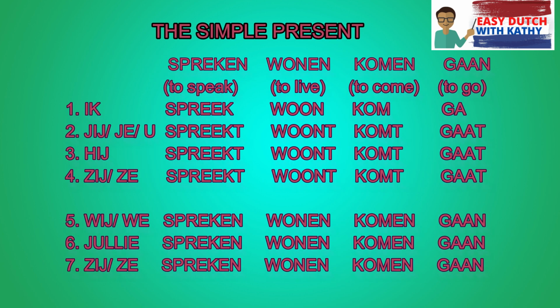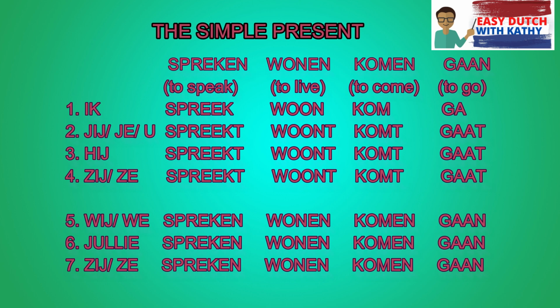These are some examples of some commonly used verbs in Dutch. On the left side, you can see the subject. Let's move on. The first verb, spreken, to speak. Ik spreek. Jij, hij, zij spreekt. Wij, jullie, zij spreken. The second verb, wonen, to live. Ik woon. Jij, hij, zij woont.